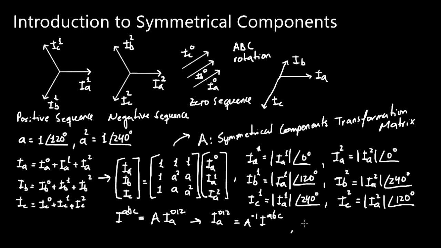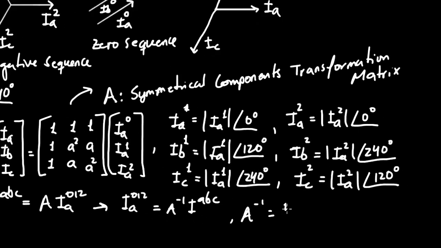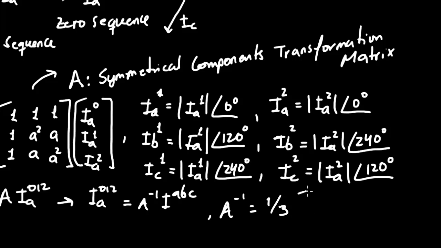And one last thing that I want to say here is, let's calculate the inverse of this matrix A. If we do that, we would get that that's equal to 1/3 times the following. So 1/3, 1, 1, 1, 1, A, A squared, 1, A squared, A. So you can see that if we calculate the inverse of this matrix over here, we would get 1/3, and then we're going to swap the A squared with A's.